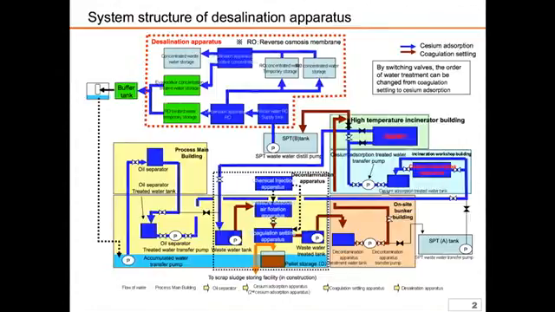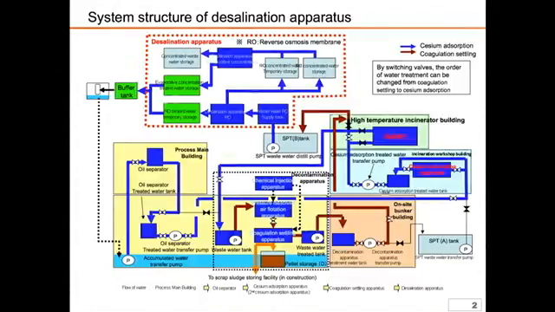First, accumulated water is collected to the SPT-B tanks and desalinated by the RO membrane. The water is divided into two categories. One type of water is to be transferred to the buffer tanks and used as processed water. The other is for temporary storage as concentrated salt water.